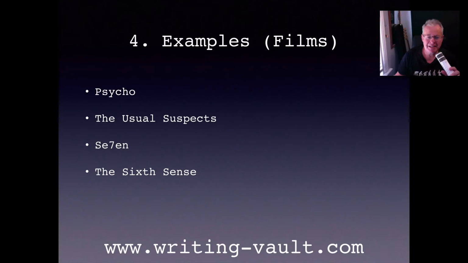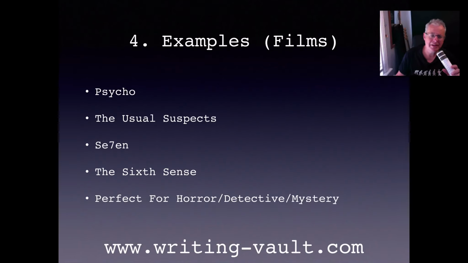So they're great examples of how you can create a revelation story. And as I already mentioned, this story type is perfect for horror, detective, mystery, dark horror, some fantasy, some science fiction, because of that revelation. So it's a really handy story type to know more about and have in your locker.